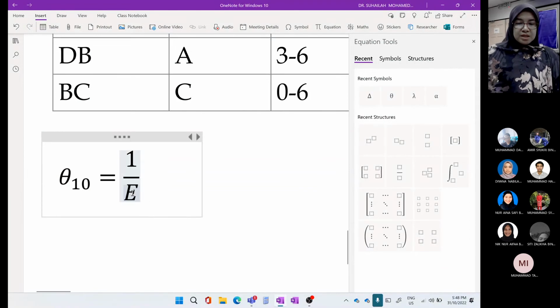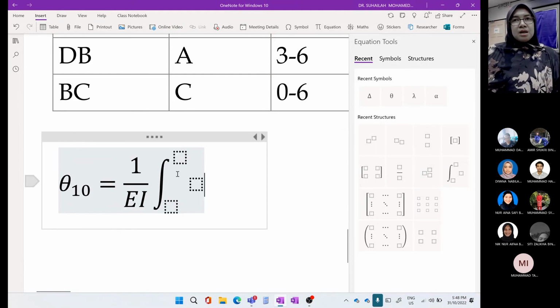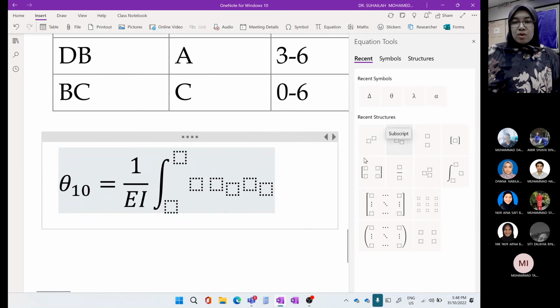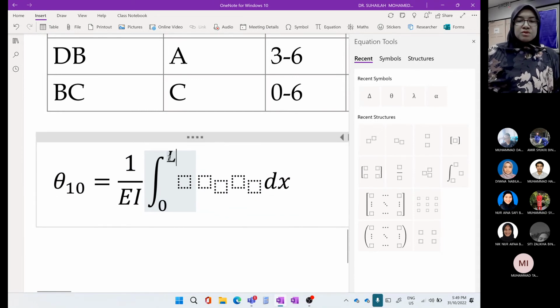1 over EI, integrate M1 M naught dx, from 0 to L. Okay, sekejap.